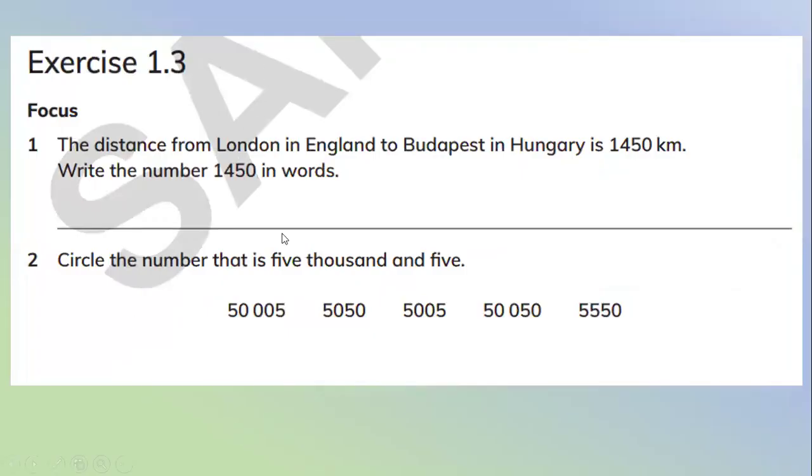Exercise 1.3. Number 1, the distance from London to Budapest in Hungary is 1,450 kilometers. Okay, write the number 1,450 in words. Okay, 1 is 1,000.